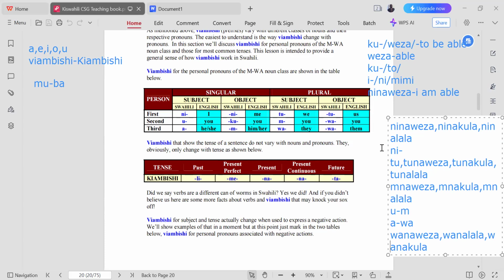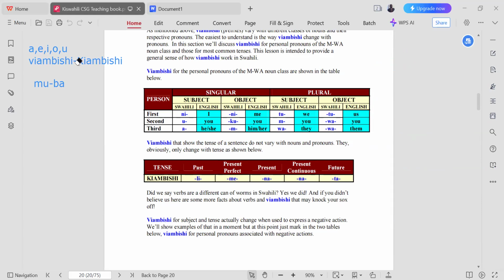I hope we have understood how these pronouns, as part of the prefix, are put based on whether it's the first person pronoun, the second person pronoun, or the third person pronoun. Now what about the other two columns? I want to get to those two columns now.